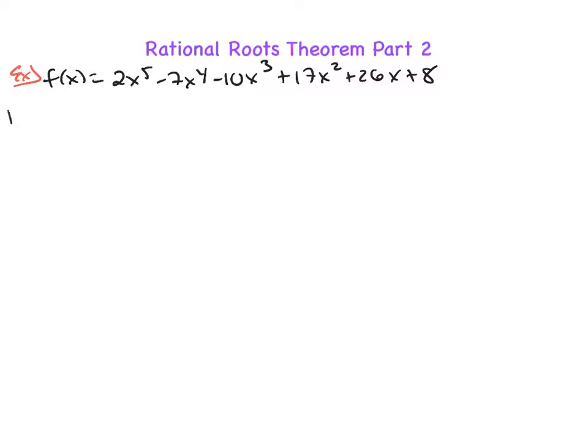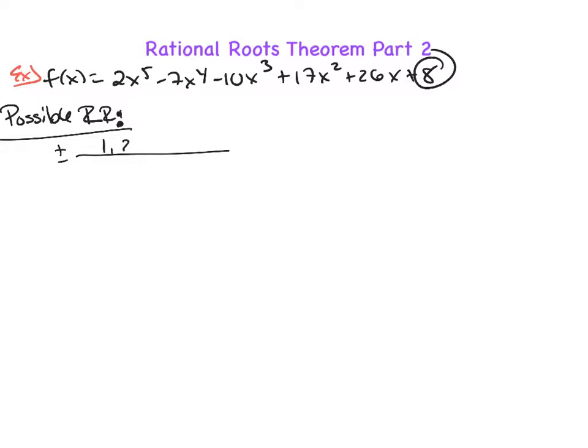So step 1, let's list all of our possible rational roots. That will be my shorthand for rational roots. So plus or minus, let's see, all the factors that go into 8. That would be 1, 2, 4, and 8, over all of the factors that go into 2. Well, that's just 1 and 2. So all the different ways to write that would be plus or minus 1, 2, 4, and 8 all over 1.